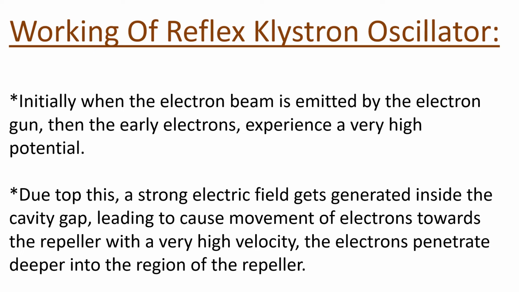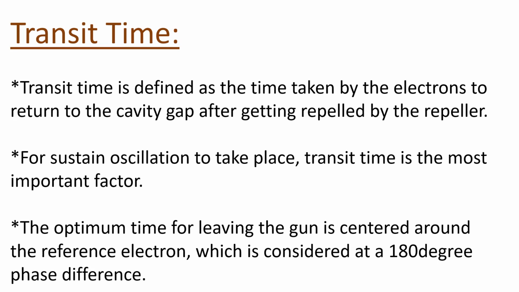The electron that was emitted by the gun after the reference electron experiences a high negative potential at the cavity. This electron is generally known as the late electron EL and moves with a very low velocity inside the tube. So the penetration level of the late electron into the repeller space is least, thus it takes a minimal amount of time to get repelled back.